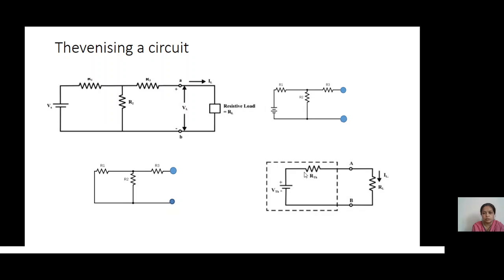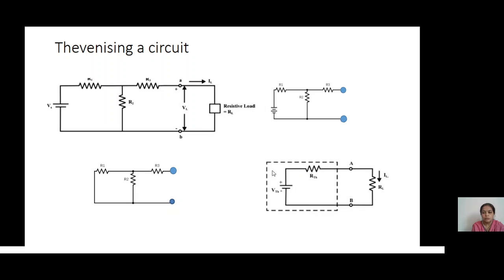That resistance is called RTH. So from this circuit we find VTH by open circuiting the load. By opening the load and removing the source, we measure RTH. The effective resistance is called the Thevenin's resistance.